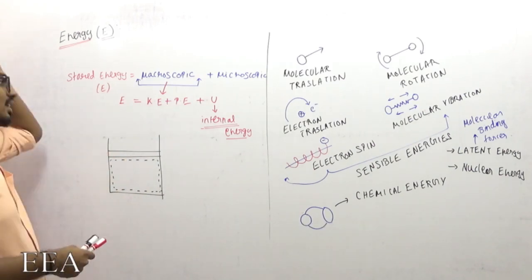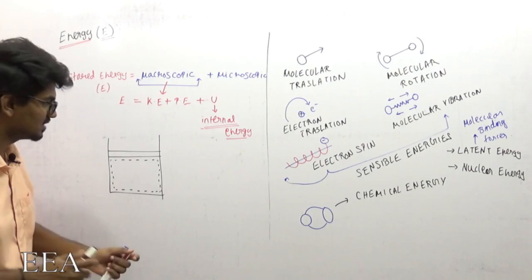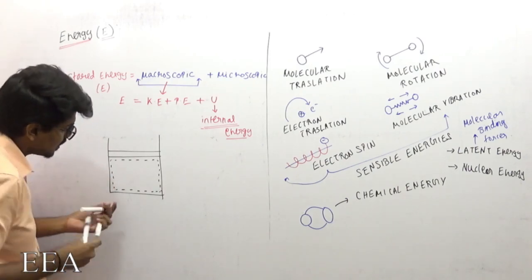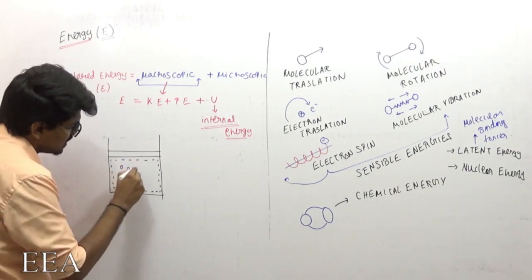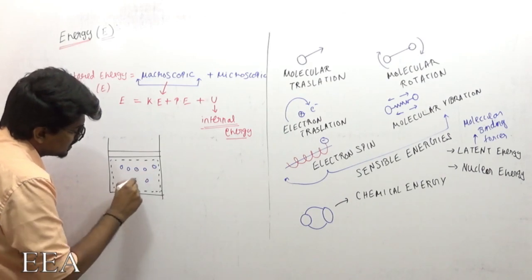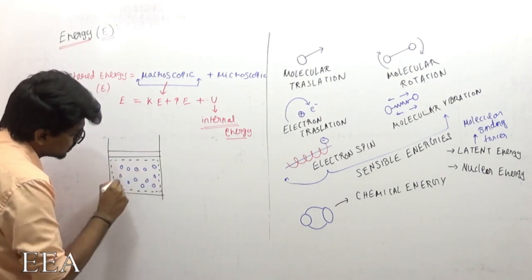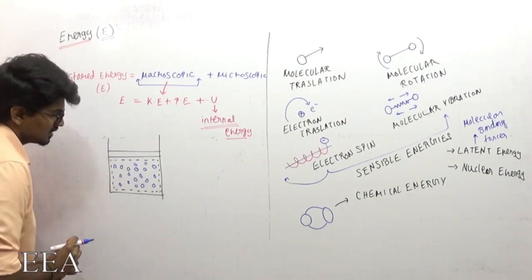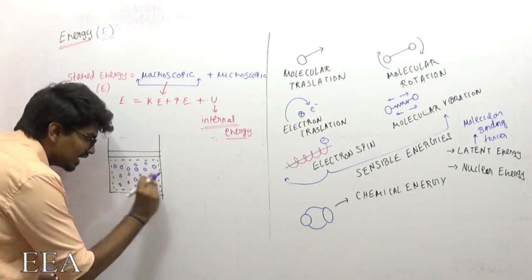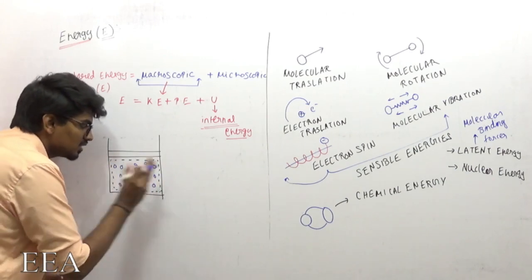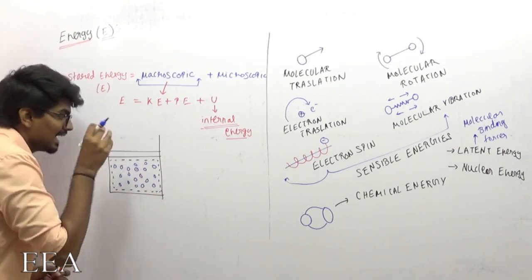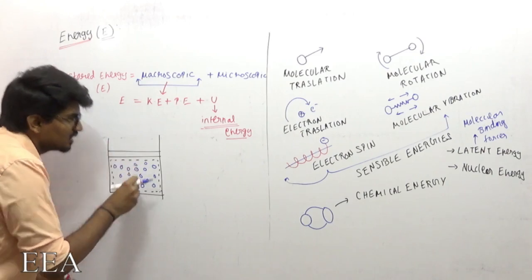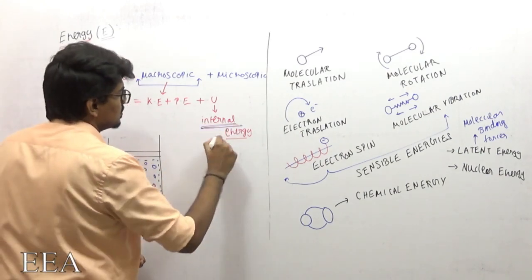But internal energy is about the n number of molecules there will be in the system, if you see it microscopically. The energy possessed due to the motion of those molecules is going to be internal energy.